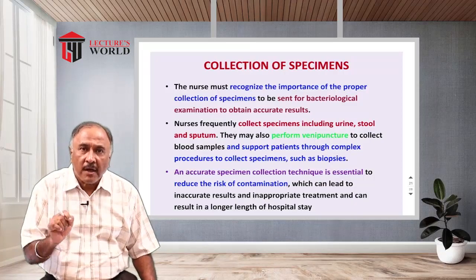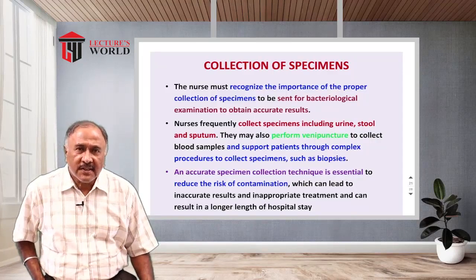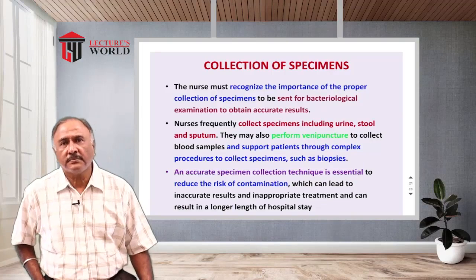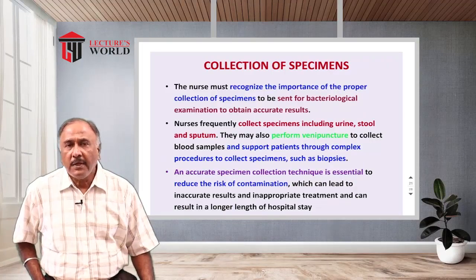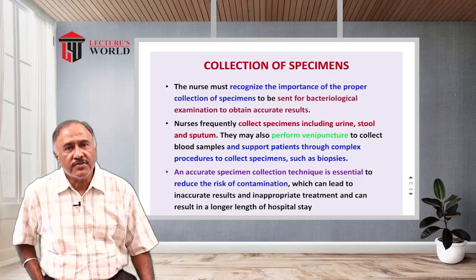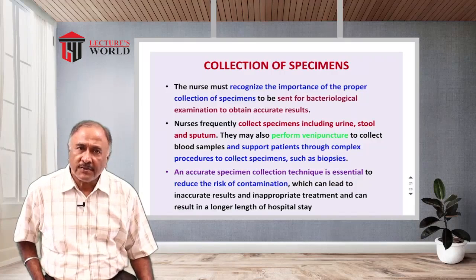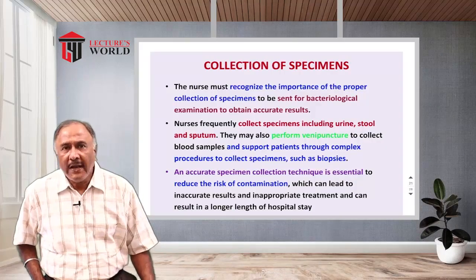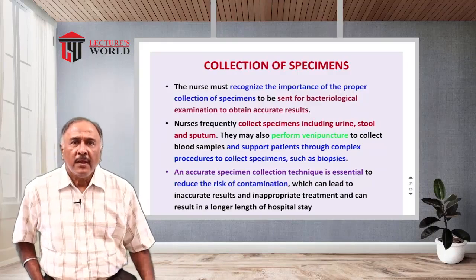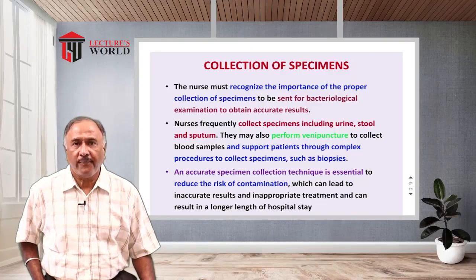Second important thing is, while collecting a sample, it should be without any contamination. Now, I just previously mentioned that our body is inhabited by hundreds of different species of microorganisms, either on the surface of the body or inside the body. So while collecting the sample, it should not be contaminated with these normal flora.